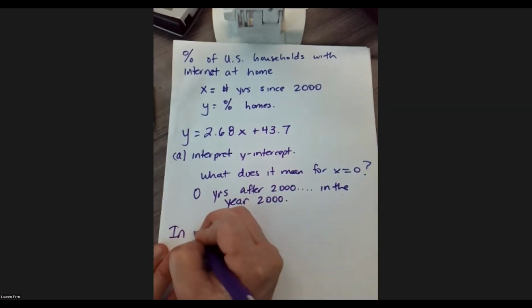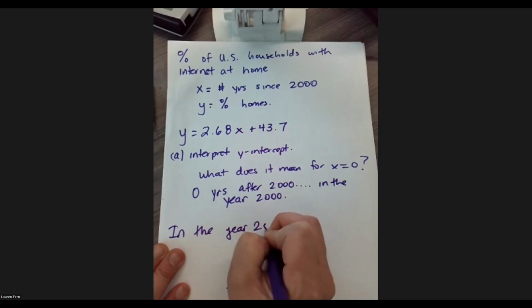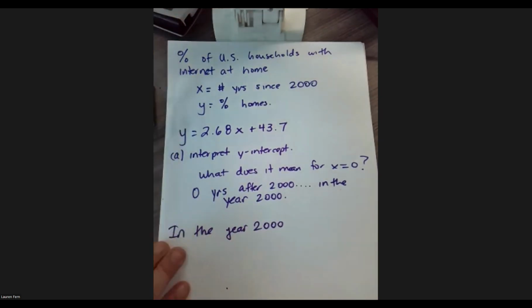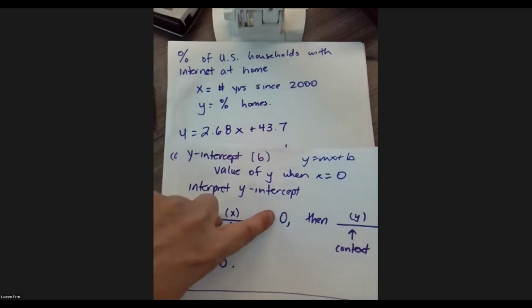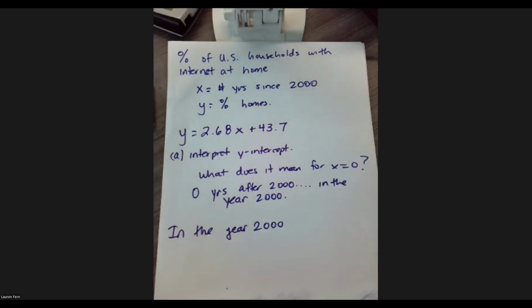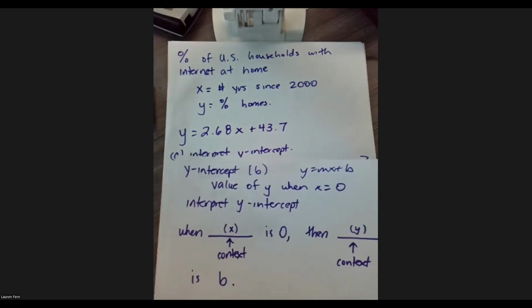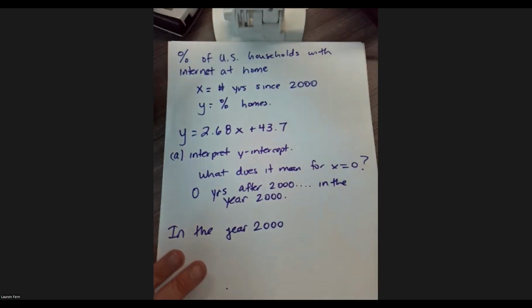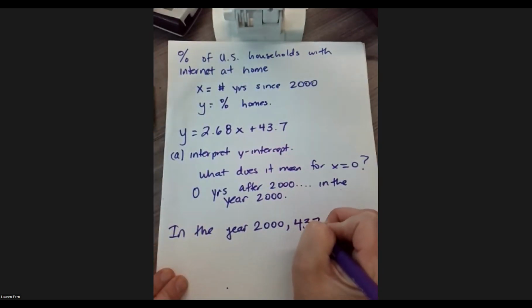So what we could say is as follows. In the year 2000, again, I'm using this template we had. When x is 0, we've interpreted that as the year 2000. Well, then what happens? In the year 2000, our y-intercept is 43.7.